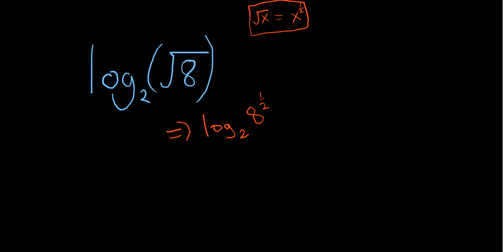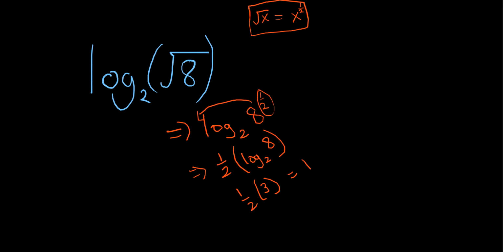And then, as we learned in the previous one, just bring the power in front. And if we read this out, it would be half of log base 2 of 8. Okay, and if we simplify this, 2 to the 3rd power is 8, and half of 3 is equal to 1.5, or 3 halves.